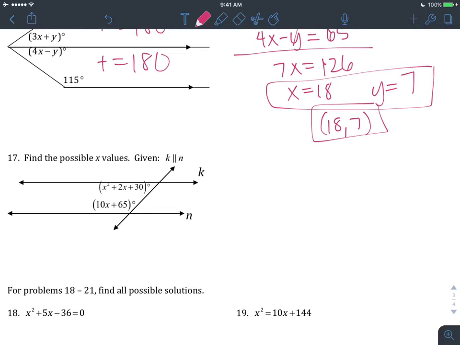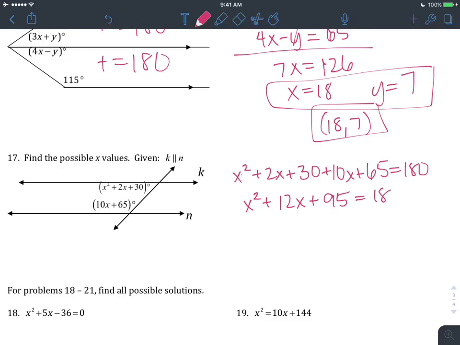All right, on number 17, we talked about this one in class as well. So we're going to have x squared plus 2x plus 30 plus 10x plus 65 equals 180. You're going to combine your like terms. So x squared plus 12x plus 95 equals 180.